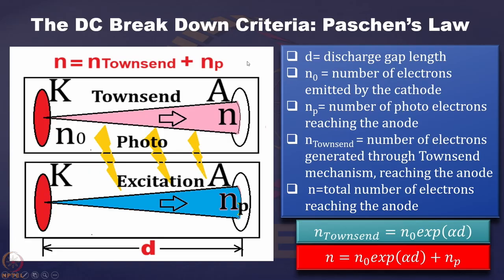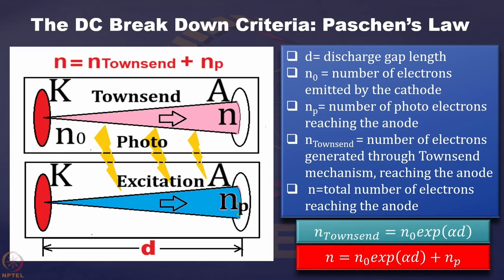Now, we define the discharge configuration like this: d is the discharge gap length, N0 is the initial number of electrons emitted by the cathode, Np is the number of photoelectrons reaching the anode, N Townsend is the number of electrons generated through the Townsend mechanism, and N is the total number of electrons generated.